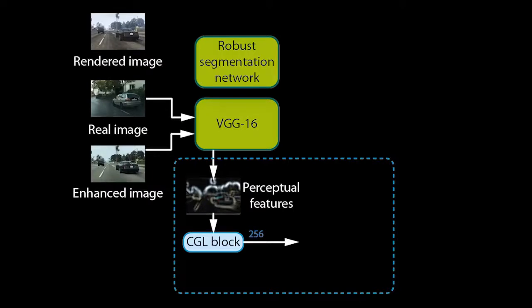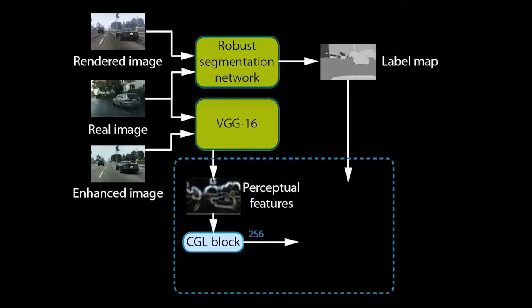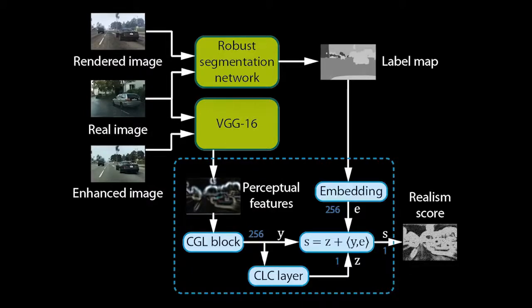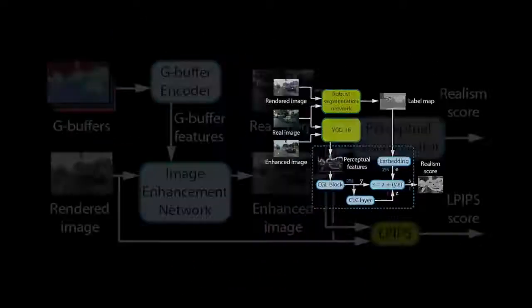Training on VGG features allows our network to quickly learn a model of realism at multiple perceptual levels. We further pass the unmodified rendered image, as well as real images, through the segmentation network to obtain a label map for each. The label map is used to specialize the discriminator on individual object classes. Since we use a pre-trained, robust segmentation network, the object classes are consistent for rendered and real images. For more details, we refer to our paper.